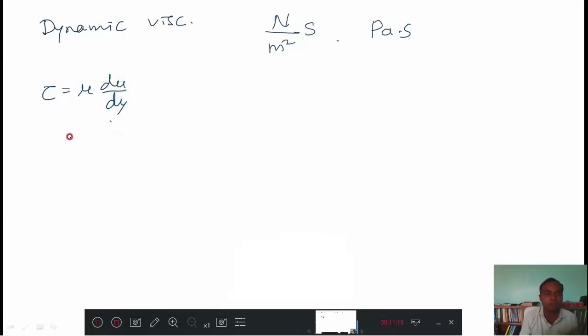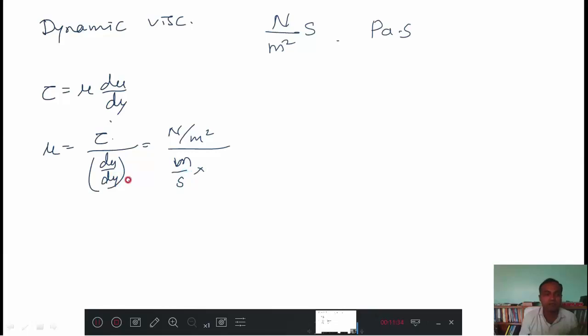You studied in fluid mechanics, where mu is equal to shear stress divided by du by dy. From this also you can get this unit. Say for example, this Newton per meter square is shear stress, and velocity is meter per second, and this is 1 by meter cancel, Newton per meter square second comes to the top. Therefore this is the unit that you can call a Pascal second.